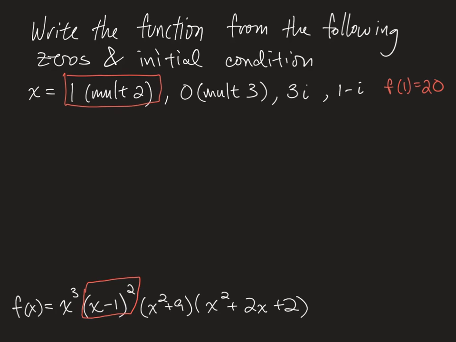The next one here, the 0 with multiplicity 3, there we go, corresponds to this factor. If you have a 0, then the factor for that would be x, right? x equals 0. You need a 0 on one side, the other side will be the factor, boom.